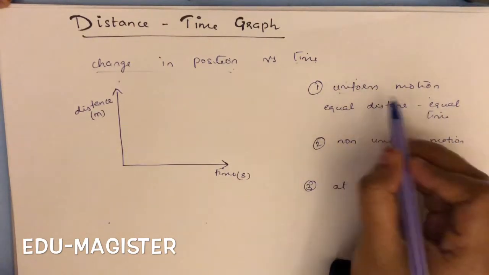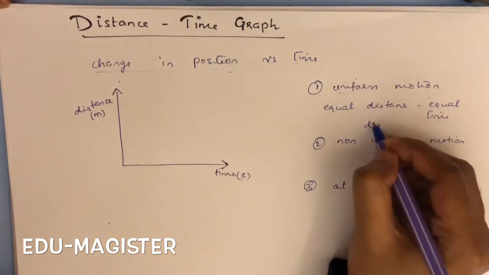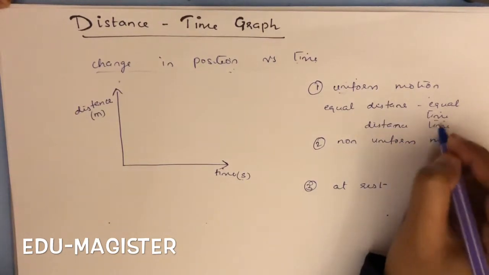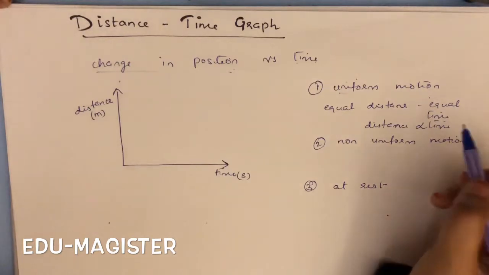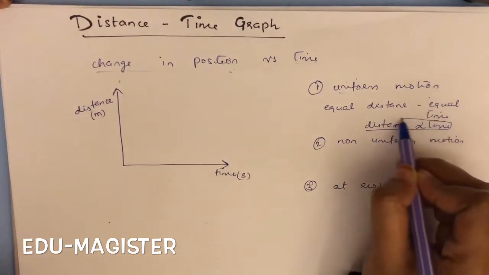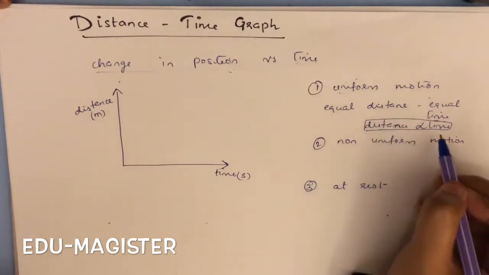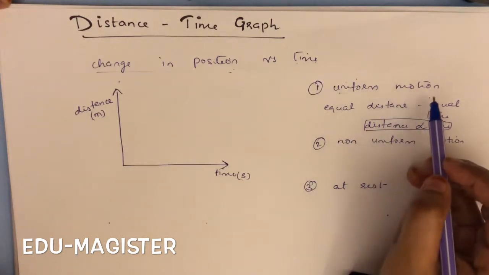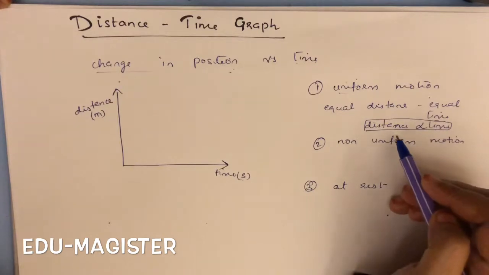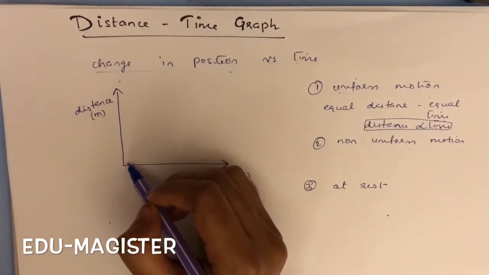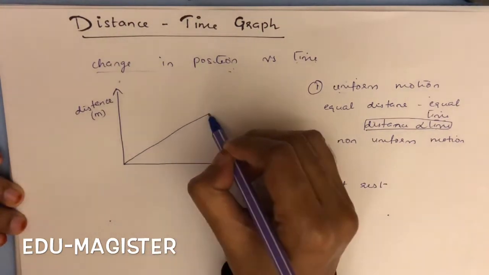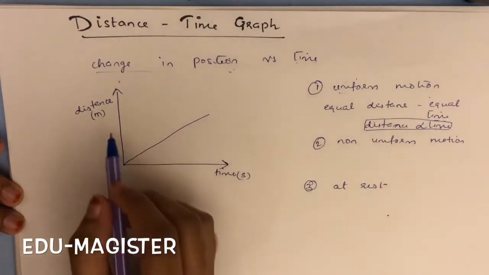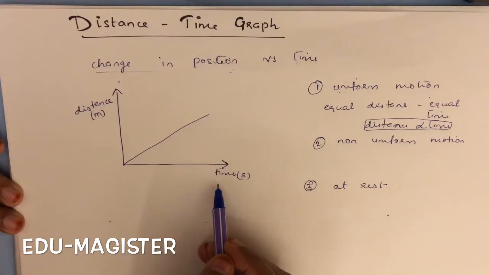That means in this case, distance and time are directly proportional, right? Since the distance and time are directly proportional, in the case of a uniform motion, the graph for a uniform motion will look like this. It will be a straight line since both these quantities are directly proportional.